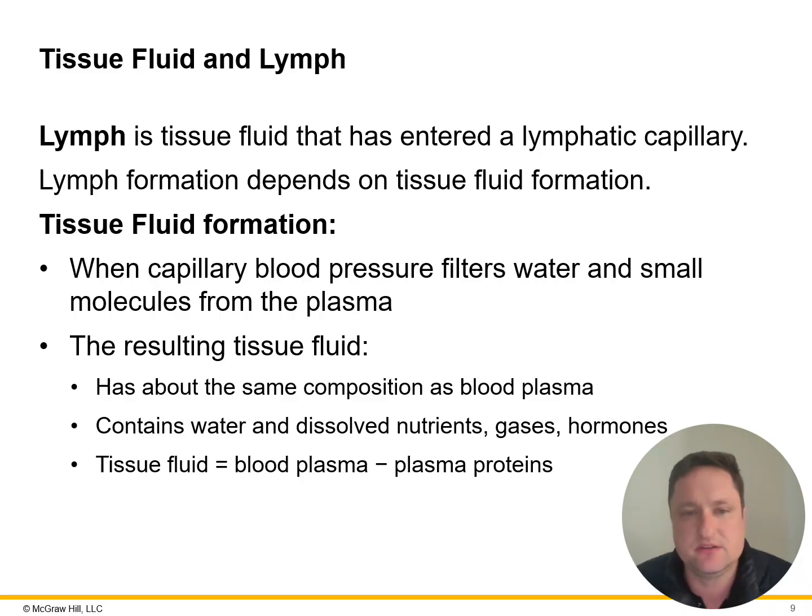Functionally, this conversion from tissue fluid to lymph ensures volume homeostasis, protein recycling, and immune health. As fluid moves along, the lymph nodes act as filters and immune checkpoints where lymphocytes can activate and macrophages can phagocytose debris. All right, so that is tissue fluid and lymph.